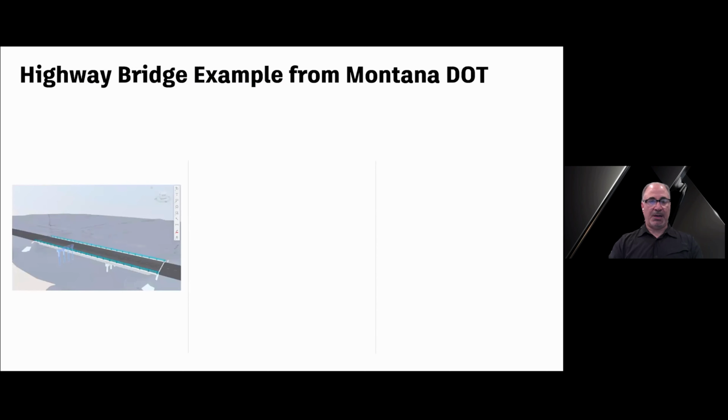Let's now look at an example from a client, in this case, Montana Department of Transportation. They are leveraging this workflow to model the Montana bridges, and they've created their own libraries of very specific abutments and bearings and piers to match exactly the type of construction they like to do in their state.